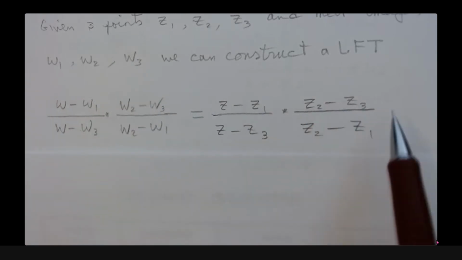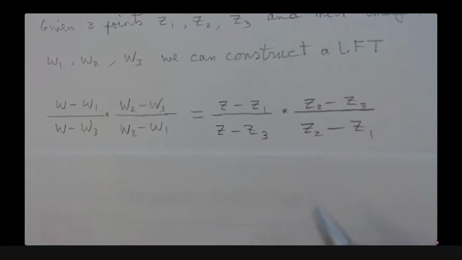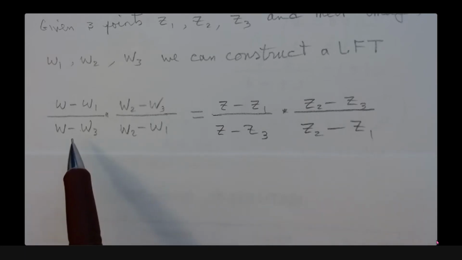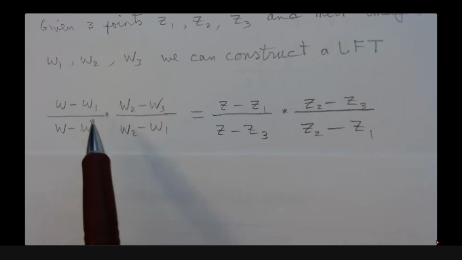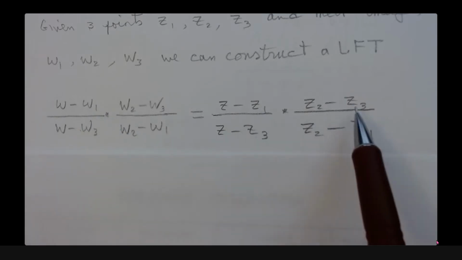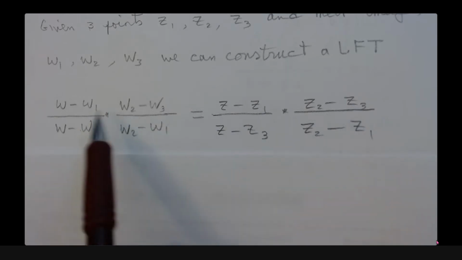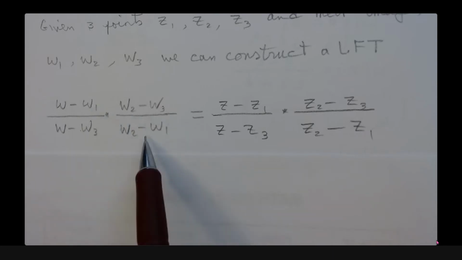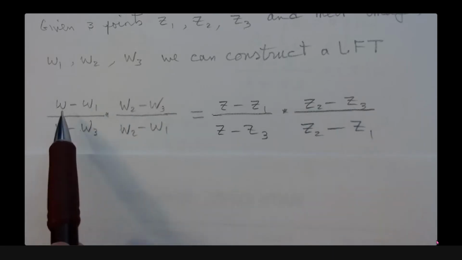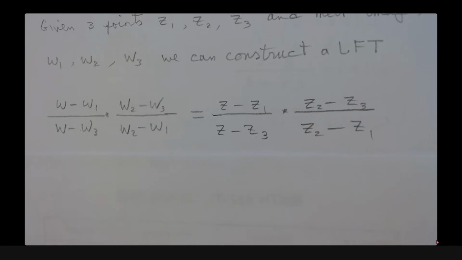Z1, Z2, Z3 are, of course, the inputs. You plug the inputs Z1, Z2, Z3 and their images W1, W2, W3 in this formula. You solve it for W, and that is the linear fractional transformation.